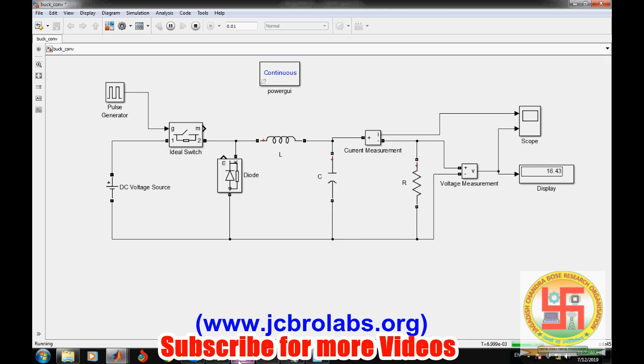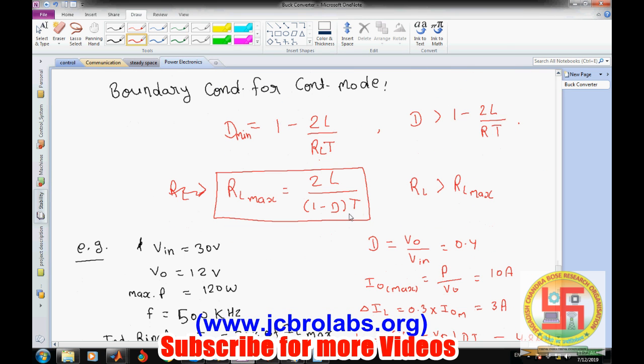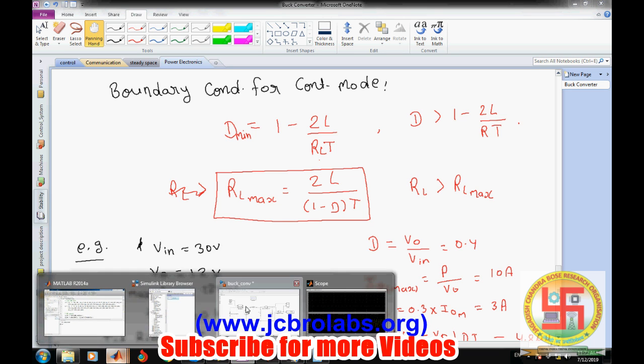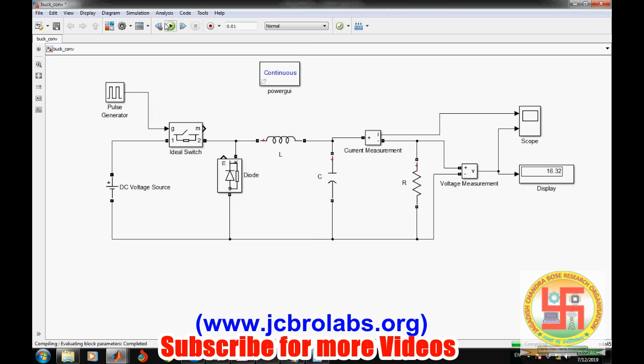Now we can do one thing. Remember, if R is increased, then we can change the value of D, that means duty cycle, in order to drag this converter back into continuous mode. So if we reduce this duty cycle, let's say to 30%, what happens?